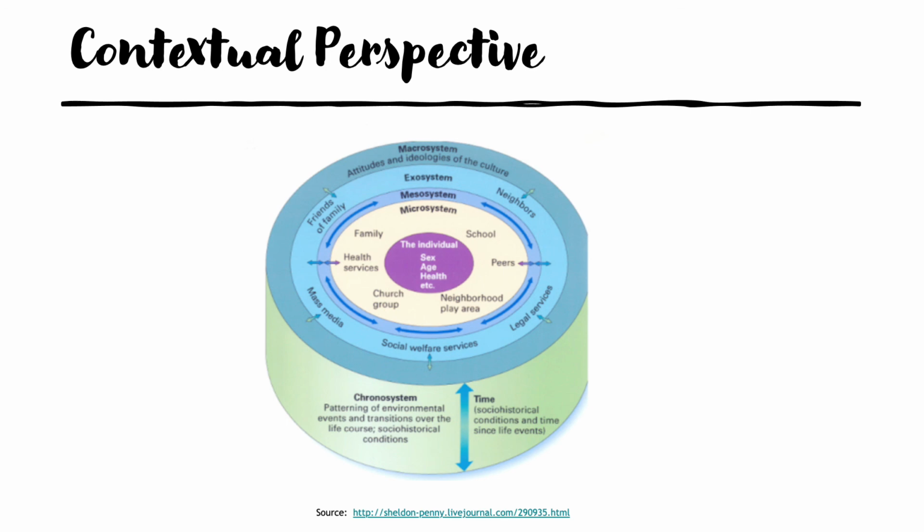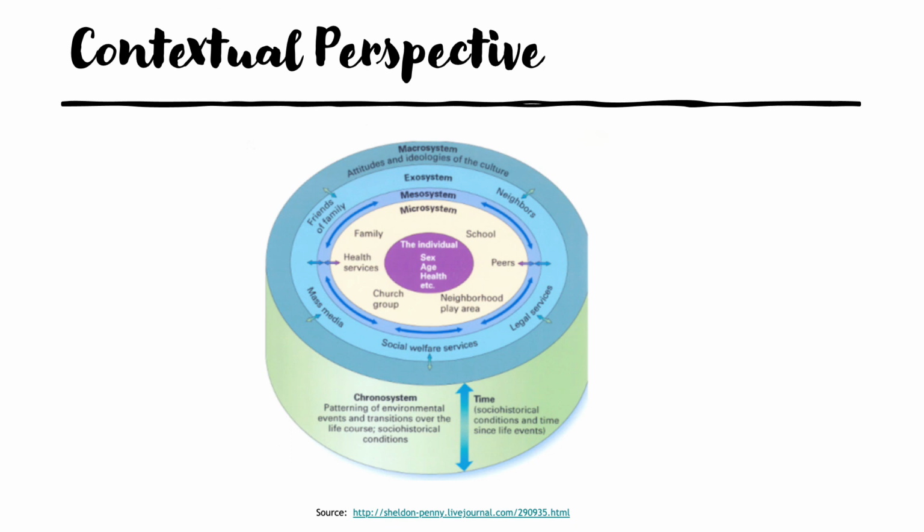The contextual perspective is the view that human development sees the individual as inseparable from the social context. Urie Bronfenbrenner's bioecological theory is an approach to understand processes and context of human development that identifies 5 levels of environmental influence.